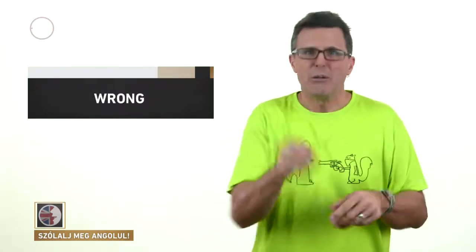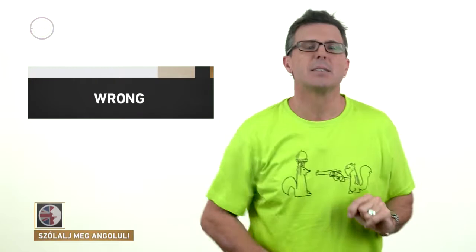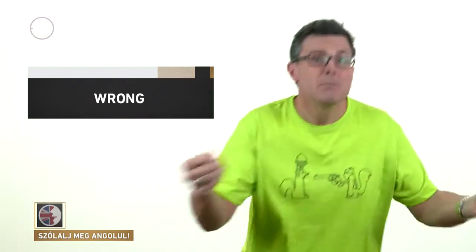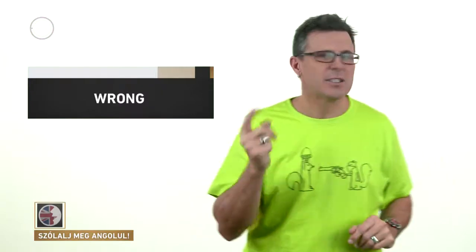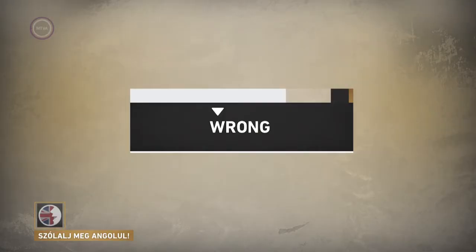We need to make sure that it's there in the word when we write it or type it, but we don't pronounce it when we say the word. It remains silent. It's there, but it's not pronounced. It's a silent letter. So the word wrong begins with a W, but when we say it, when we pronounce the word wrong, we say the word as though the first letter was R, not W.